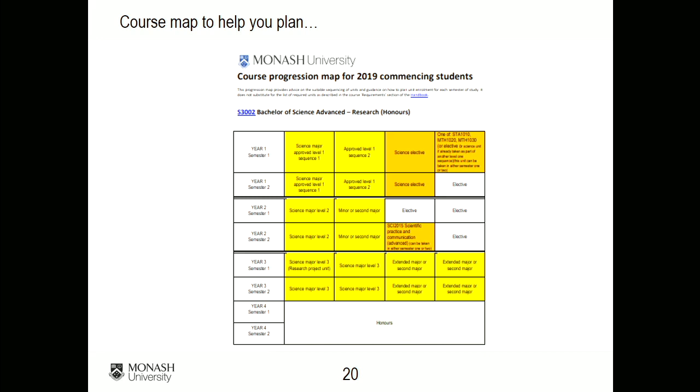Any of the Faculty of Science student advisors will set you up with something like this, so that you have a course progression map and you understand where you are in your degree, particularly if you start changing your units at second year and changing your major sequences. There are ways that you can shuffle things around. So make sure you have a course map to plan your course and to check that it fits within any of the majors and your course structure.